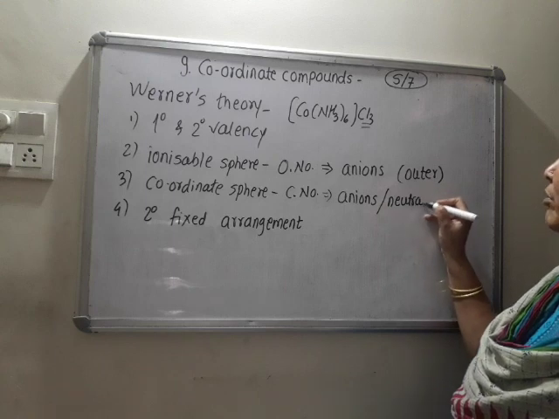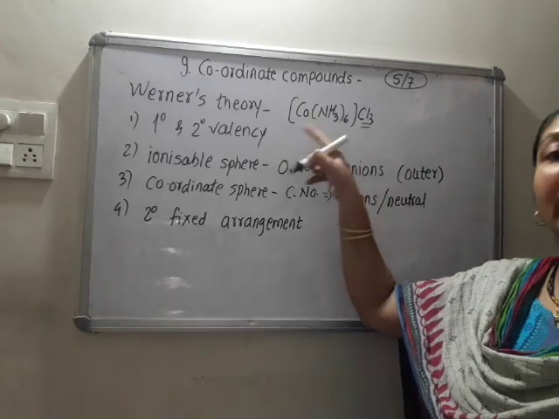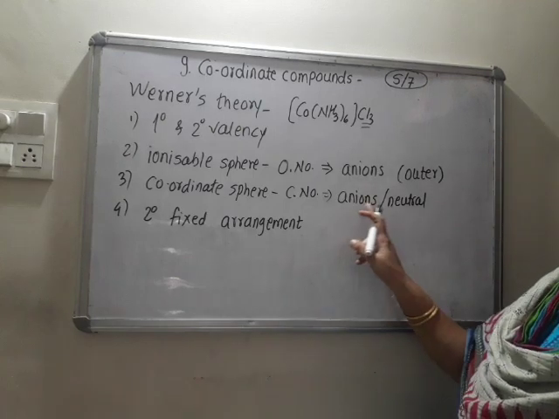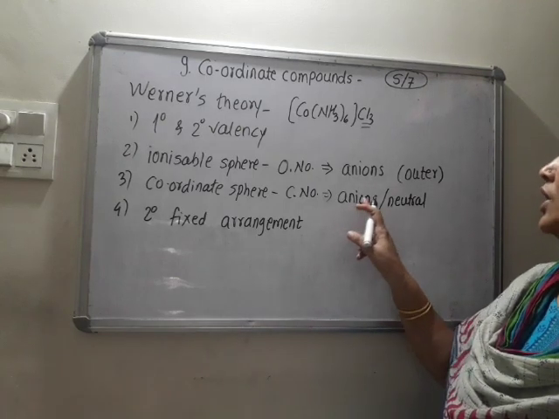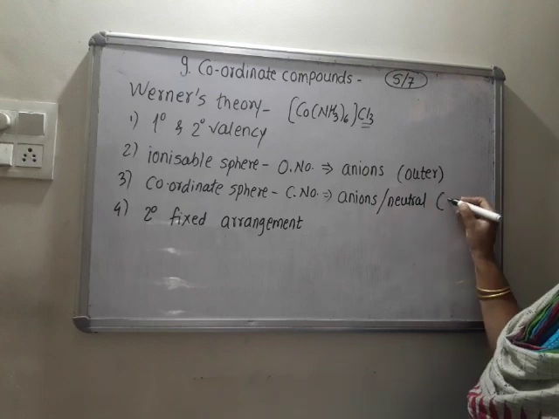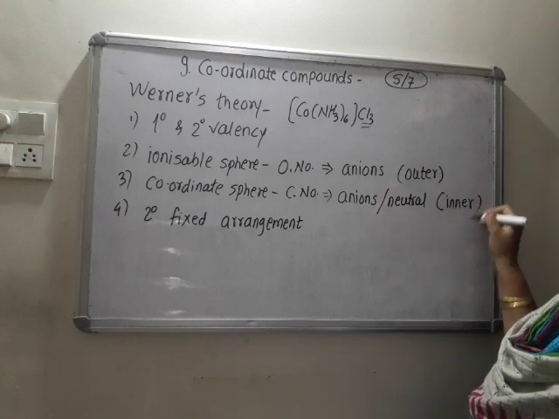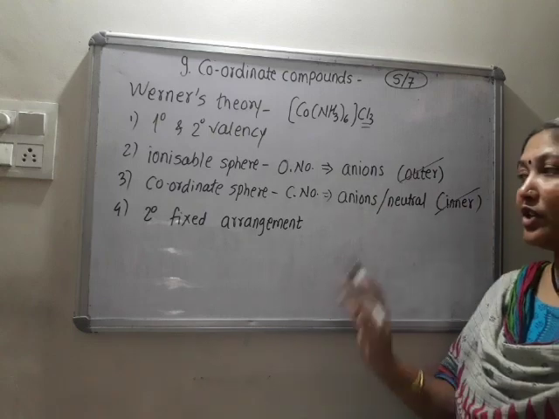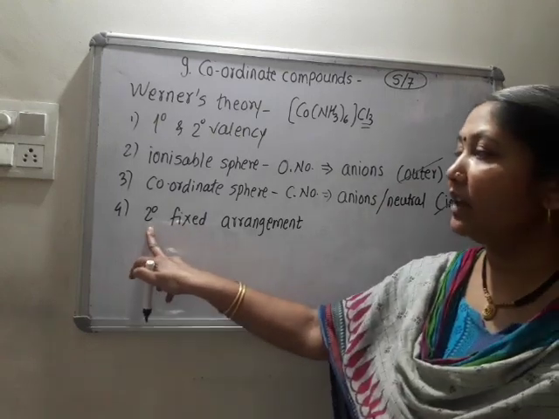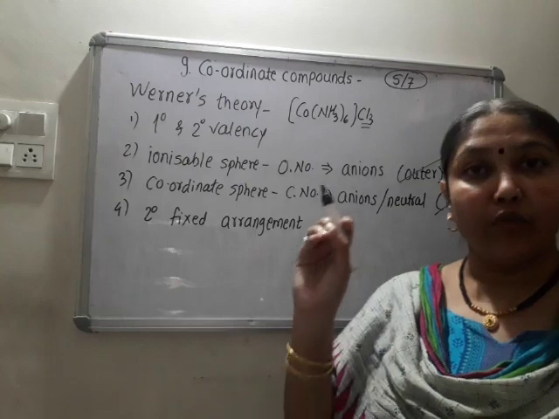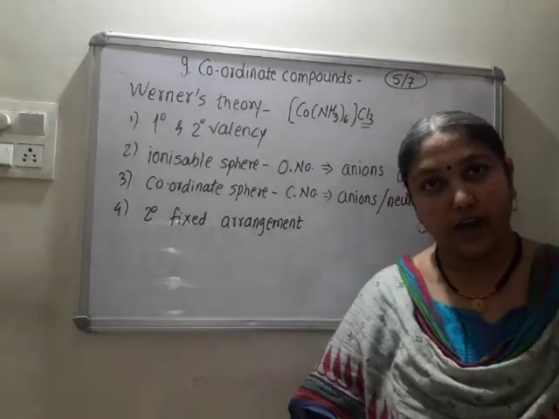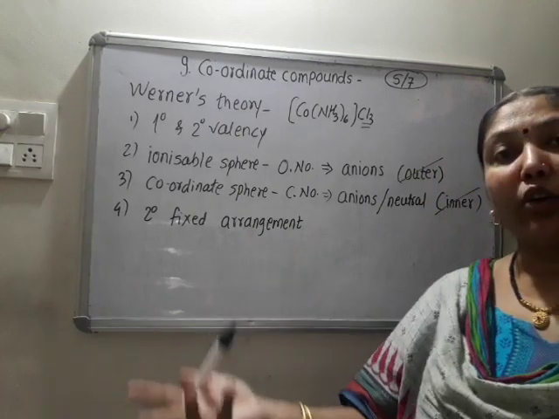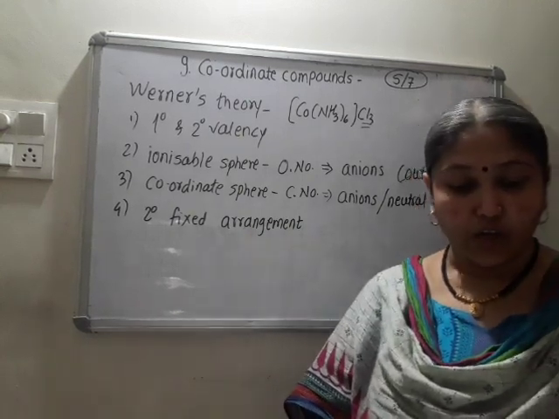Here there may be ammonia or Cl minus ion. So the coordinate sphere includes anions as well as neutral molecules, and is also known as the inner sphere. These words are not in your book; in the old syllabus these words were there, let it be. And the last one, the secondary valence has a fixed spatial arrangement, therefore the coordinate compound has a definite geometry.